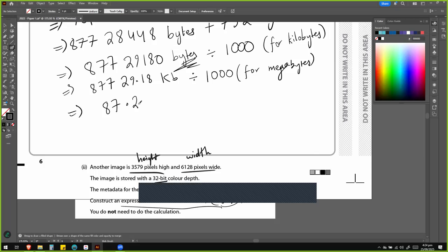So the answer will come out to be 8772.929. You can try this in your calculators as well. And this is going to be in MBs. We can round this number up, because after the point we have a 7. So when you go to a number beyond 5, like 6 or 7 or 8 or 9, anything above 5 after the decimal, you could round that up.